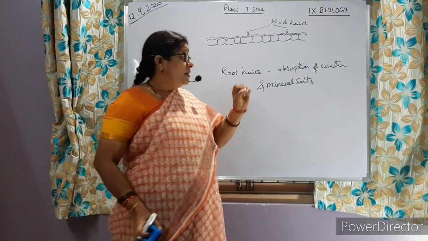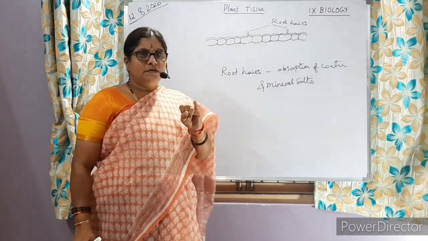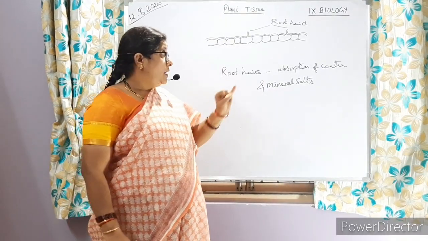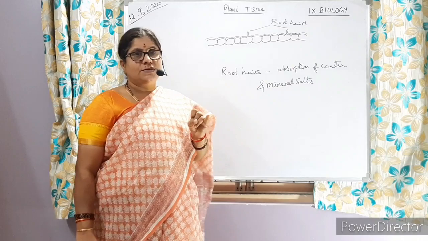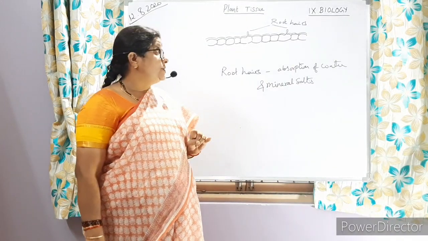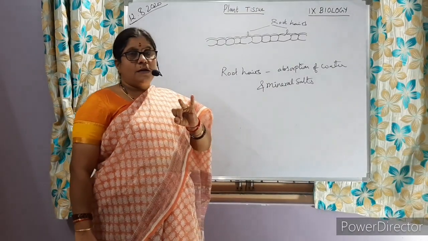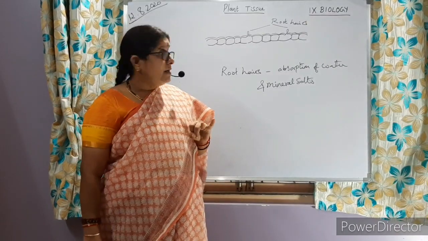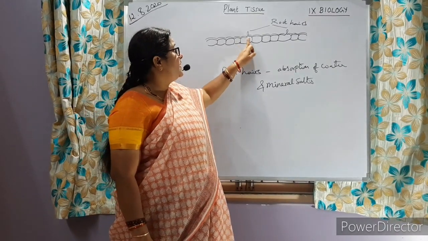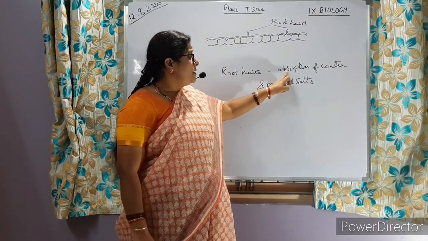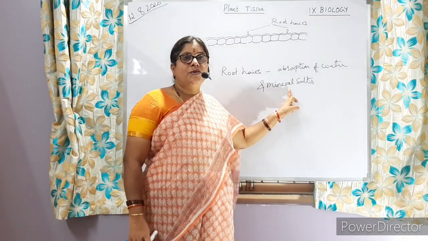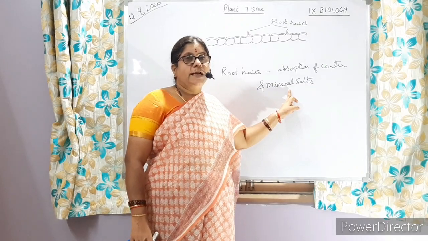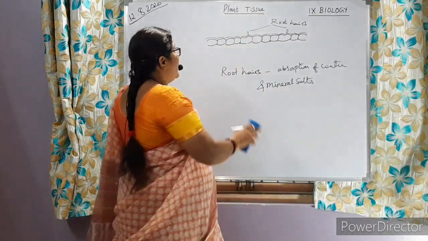So the epidermis is a covering tissue, and it is present in different parts. The stomata also develop from the epidermal tissue, and the waxy coating in desert plants and root hairs help in absorption of water. So what have you learned with that? We learned about the different functions carried out by the dermal tissue.